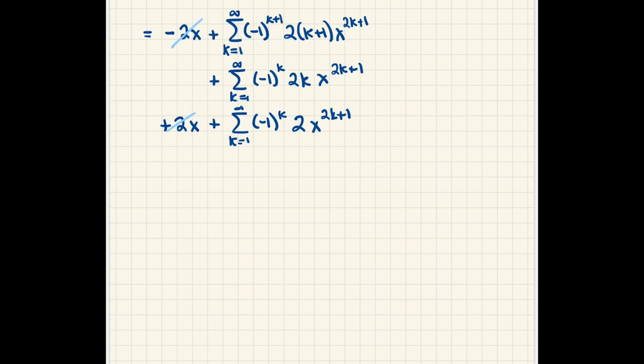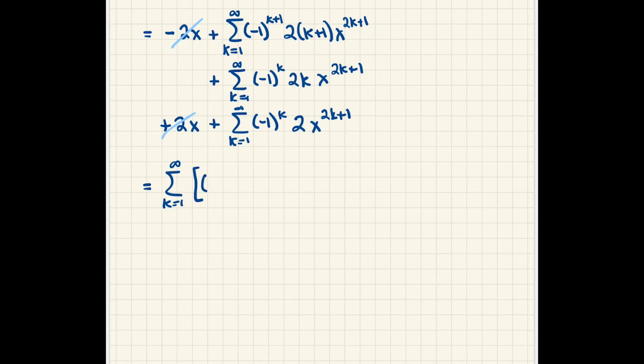So we do get a little bit of cancellation right there. The good news is we can now write this as a single sigma because the index all starts at 1 and they have the same power of x. So we can write this as k equals 1 to infinity of, so we're factoring out the sigma on the left and the x of the 2k plus 1 on the right here.